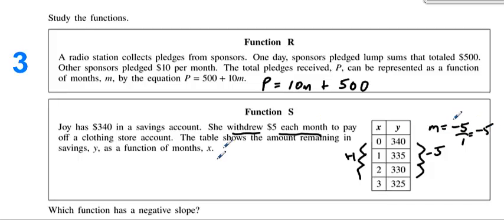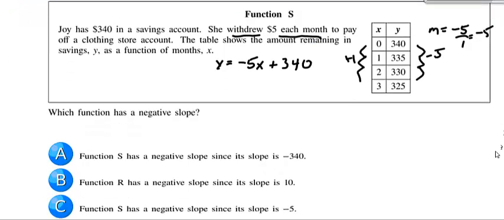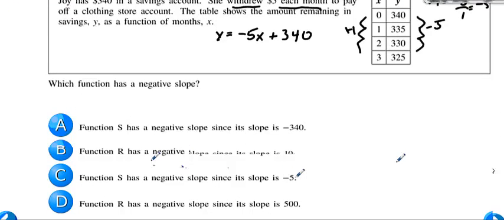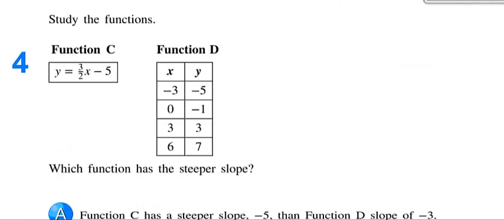Our equation would be savings equals, I'm going to withdraw $5 every month, but I started at $340, so I can figure out how long it's going to take me. So which function has a negative slope? Well, obviously function S does. Function S has a negative slope since its slope is negative 5. Okay, number 4.